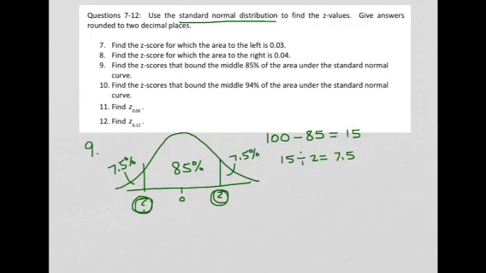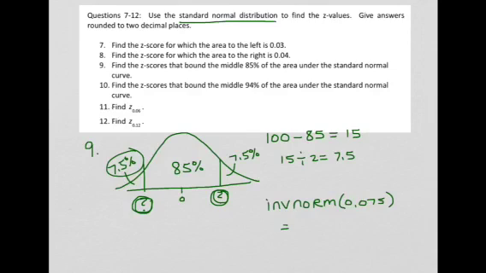So the one on the left is going to be a negative number, the one on the right is going to be a positive number, but otherwise the number part of them is the same. So I'm going to do inverse norm. I'll find the value on the left, and I just have to do the inverse norm of 0.075.